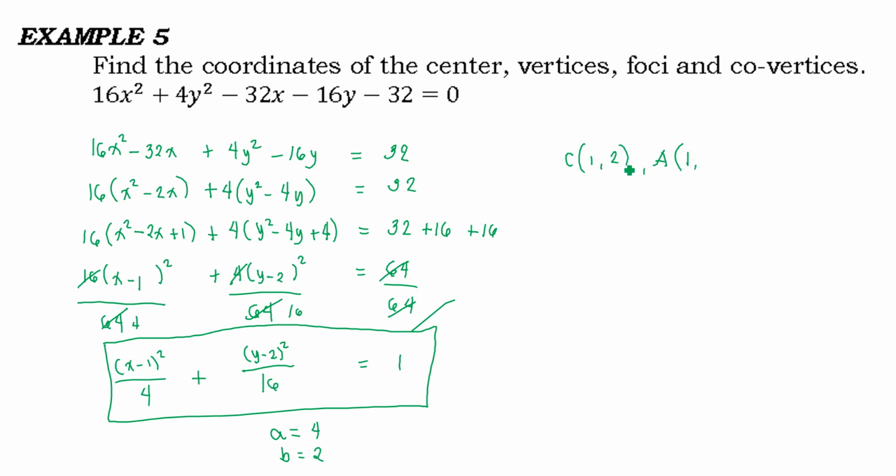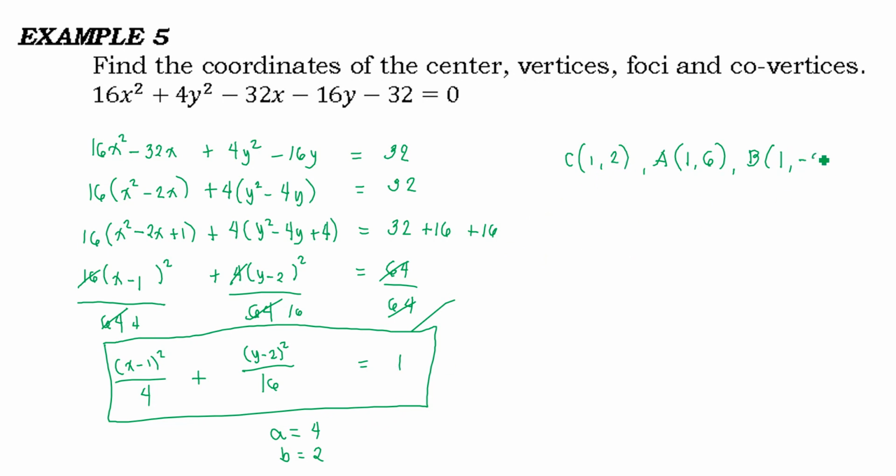So 6, because 2 plus 4 equals 6. And then our b would be the x coordinate of the center, minus 4 from 2. That becomes negative 2.